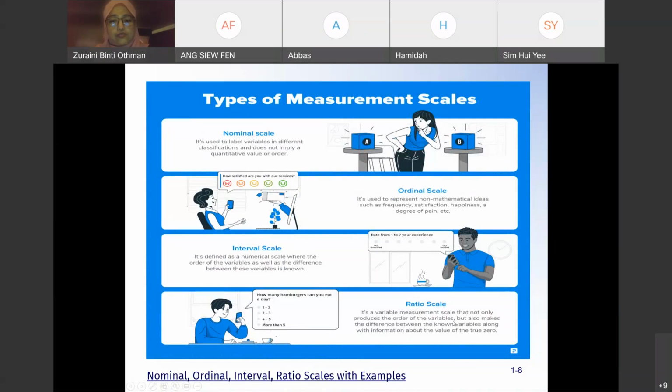It's a variable measurement scale that not only produces the order of the variable, but also makes the difference between the variables known, along with information about the value of the true zero. Normally we find the ratio scale in surveys, like when they want to know our annual income, right? They put it inside a range from a few hundred to a few thousand, right? This is in the scale.